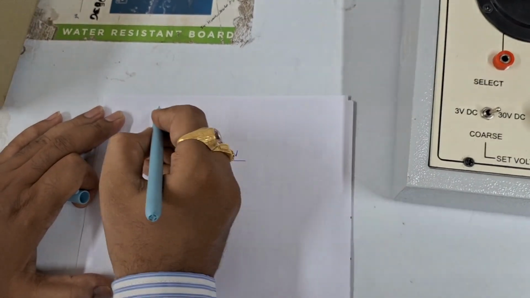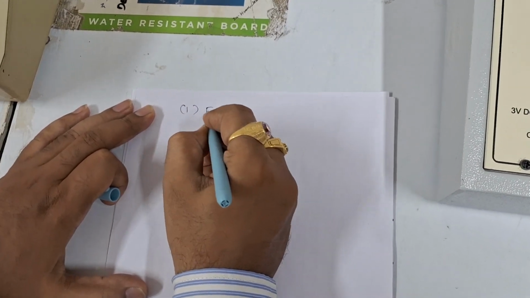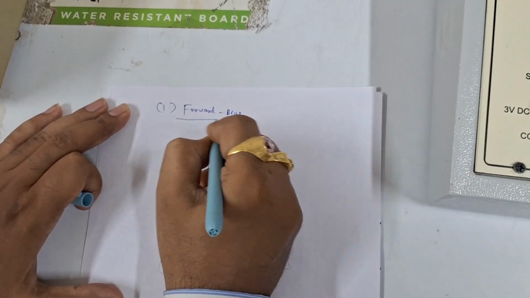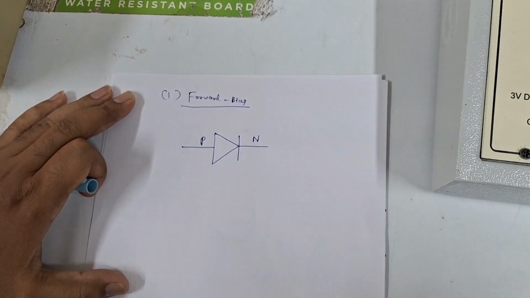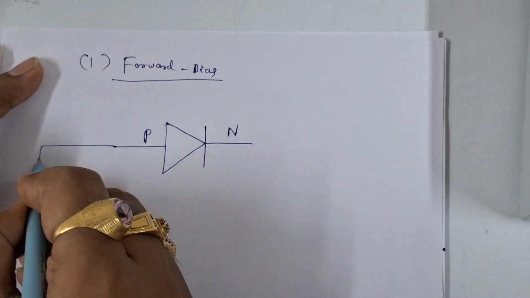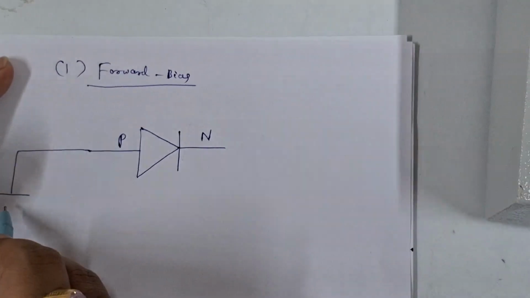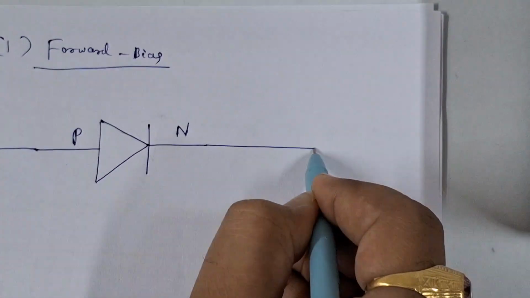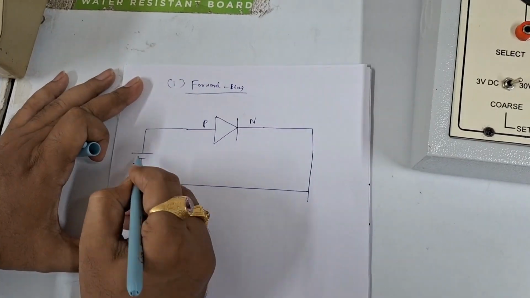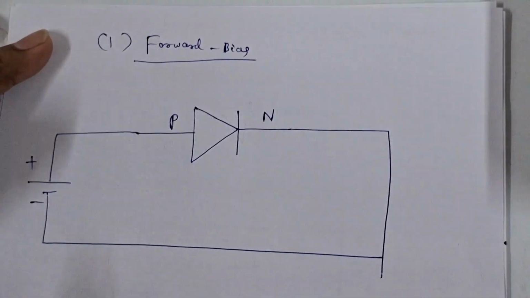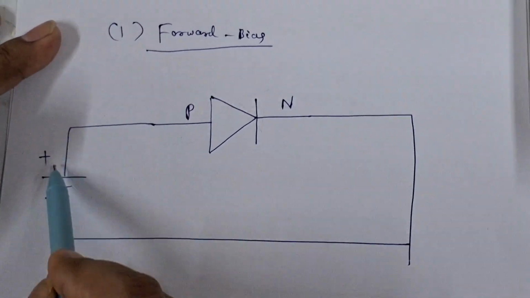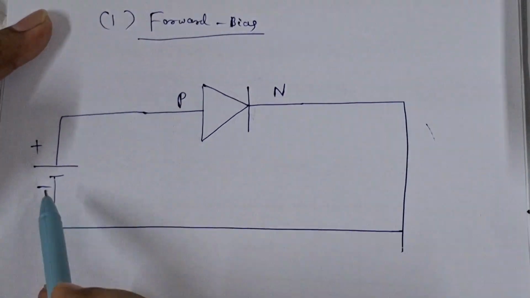Now if I talk about forward bias first, that means I have to connect the P type to the positive terminal of the DC source and the N type to the negative terminal of the DC source. Got it? So forward bias means I have to connect the P type material to the positive terminal and the N type to the negative terminal.